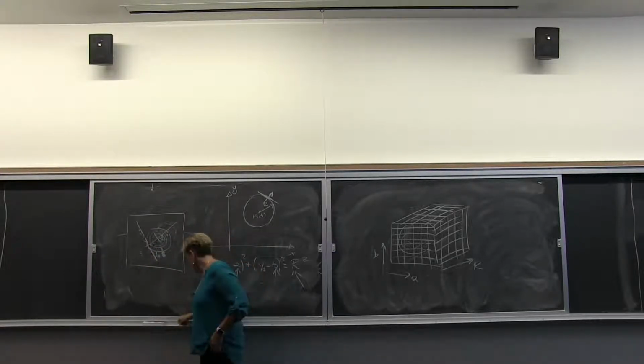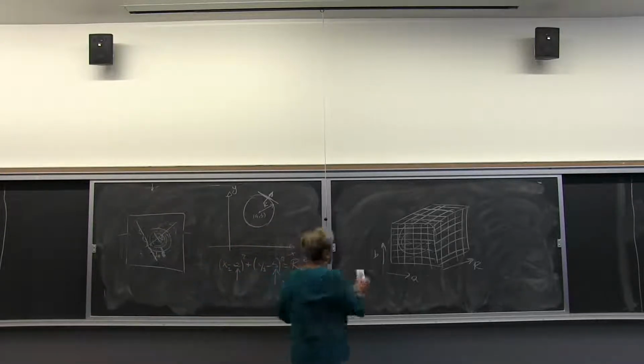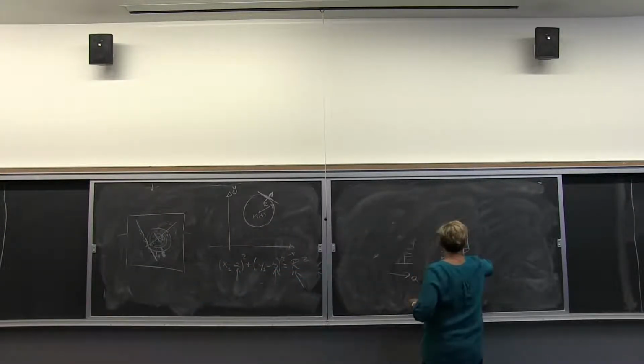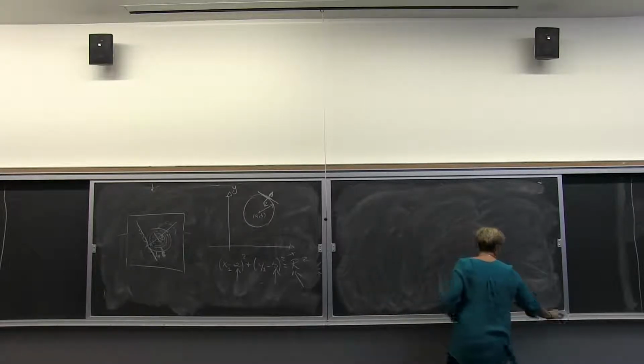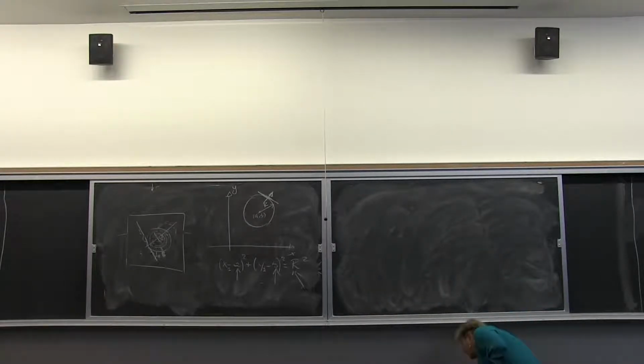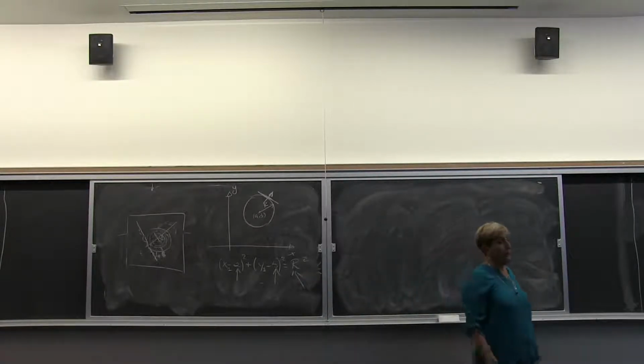Can we derive this using equations? And the answer is yes. How do we do that? Like we did for the line, what we're going to do is change the way we write the equation of the circle.